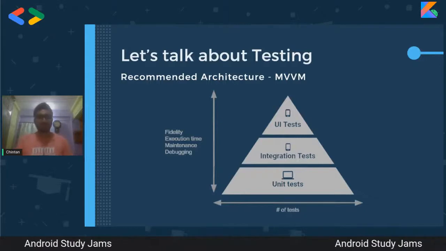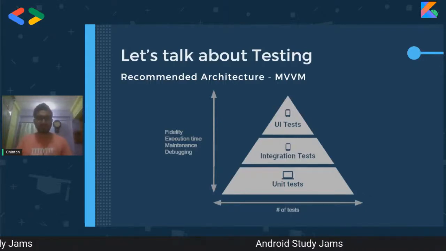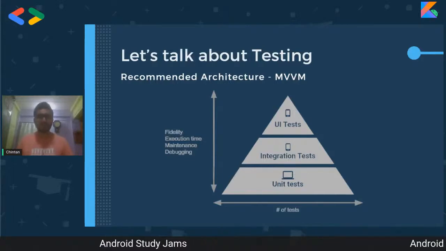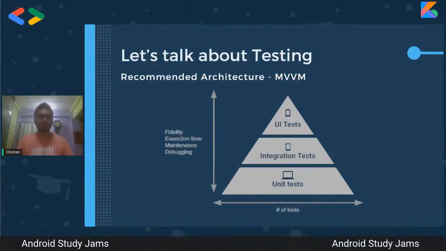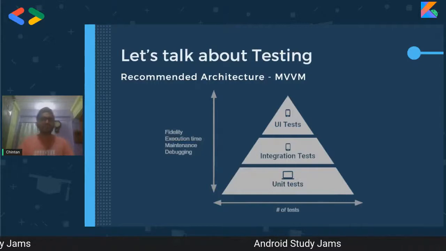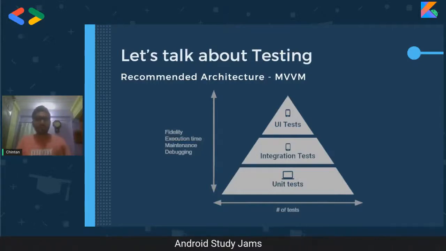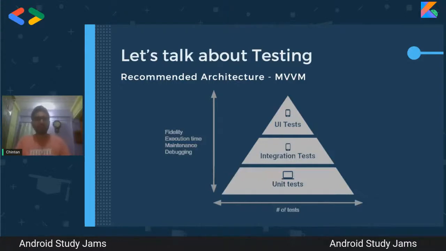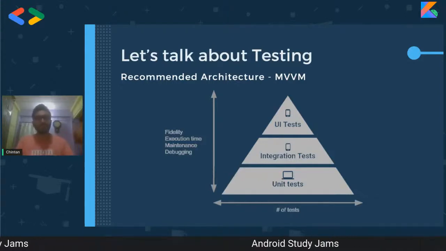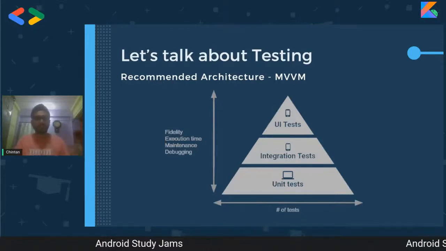If you see this pyramid, you can see the unit tests are very wide in size. What does that mean? As we mentioned, you should write unit tests for your small classes and dedicated functions. You will write test cases for every class, so each small piece of code will have a unit test.